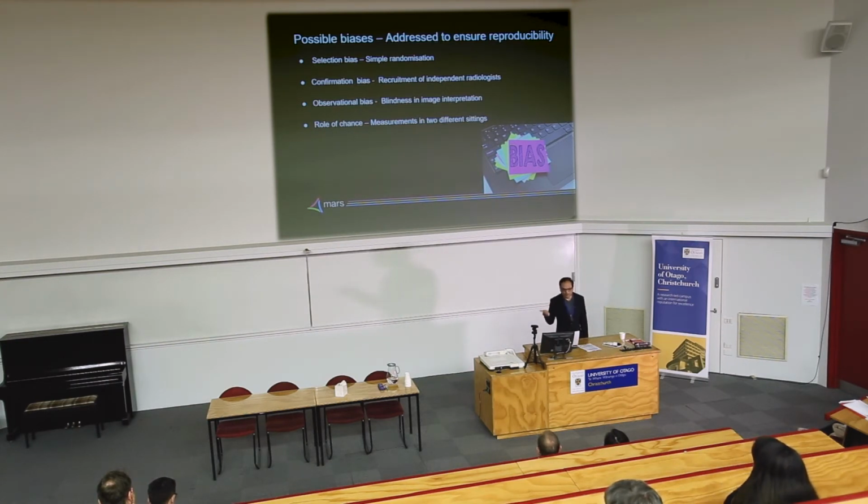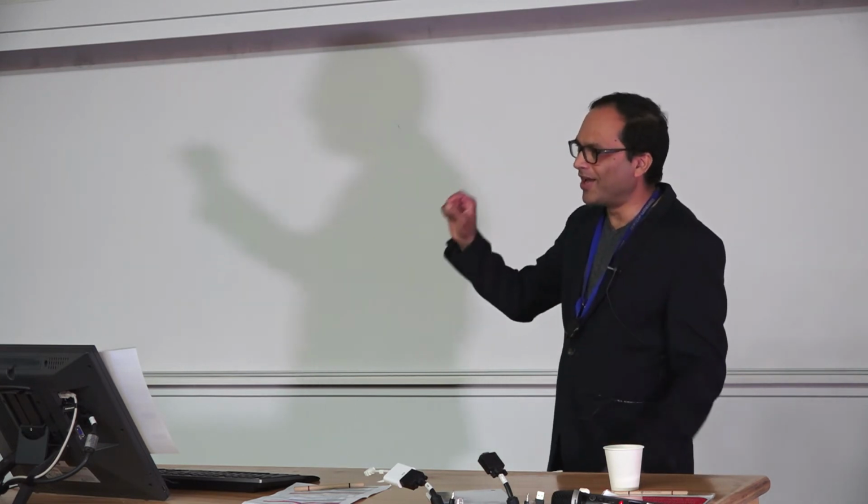Observational bias is reduced by the interpretation of MARS imaging blind to the histopathology. And finally, the role of chance is reduced by asking the evaluating radiologists to evaluate it twice. So we had 4 sets of data to evaluate from.